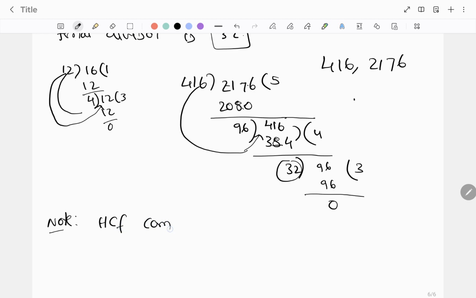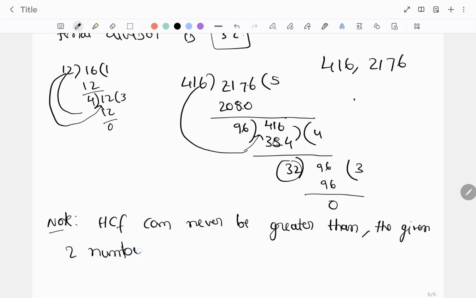HCF can never be greater than the given two numbers. The given two numbers are the ones we are asked to find the HCF of. Suppose 18 and 24.